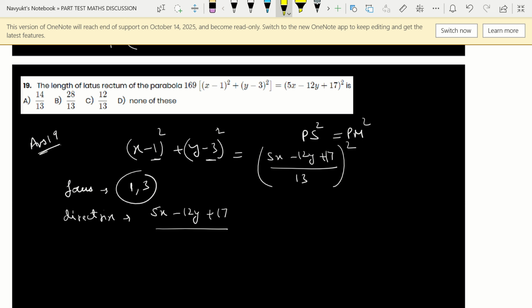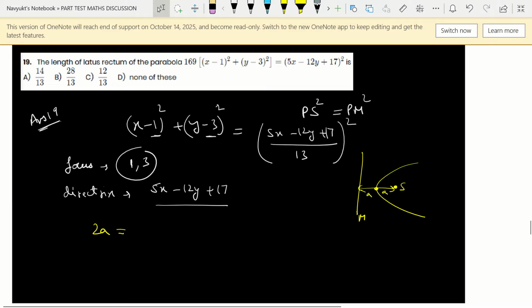So finally, we will simply draw any random parabola. This is the focus, this is its directrix. We know the distance of focus to directrix total is how much? 2a. So 2a is equal to the perpendicular distance. So the perpendicular distance of 1 comma 3 to this equation of line, which is 5 minus upon the root of this, which is nothing but 13 only.